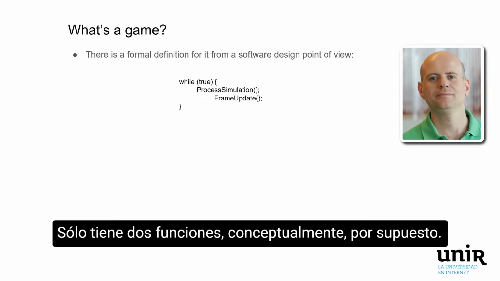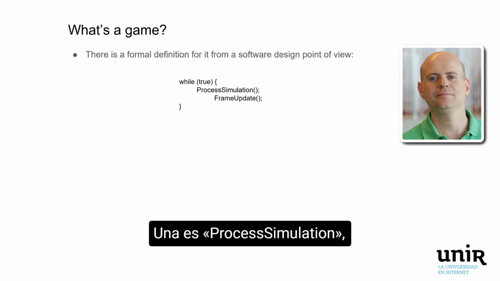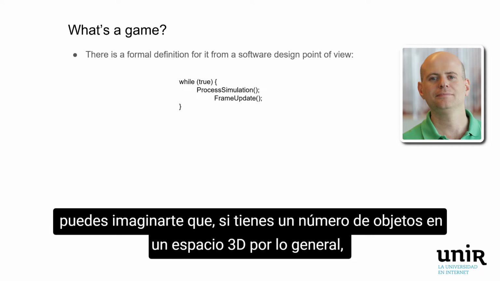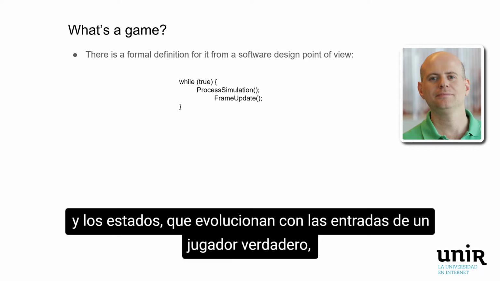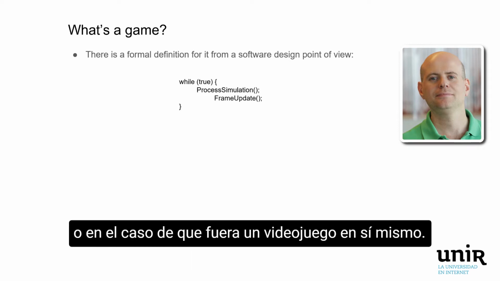It has only two functions, conceptually, obviously. One is a process simulation, so you can imagine that you have a number of objects in a 3D space usually, and they have a state, and that state evolves in some way usually through player input, or maybe if it is an autonomous game on their own.